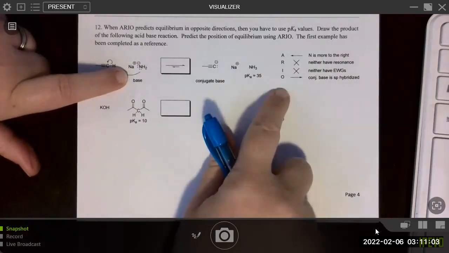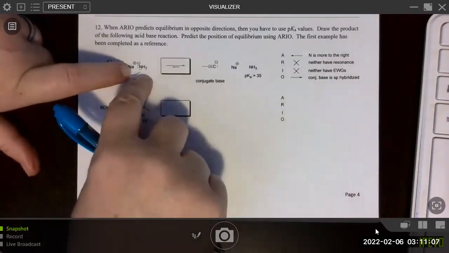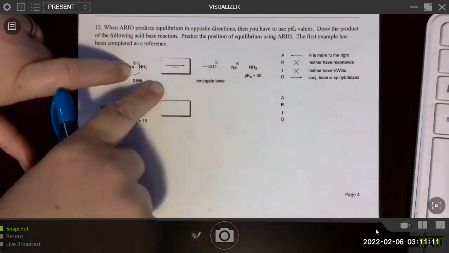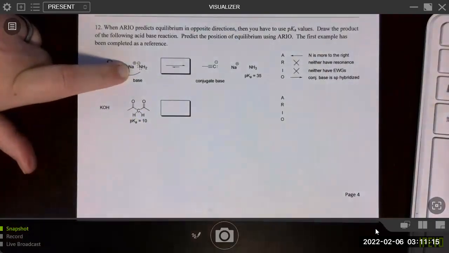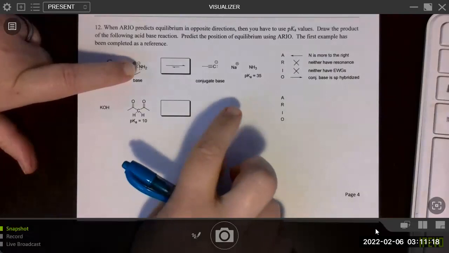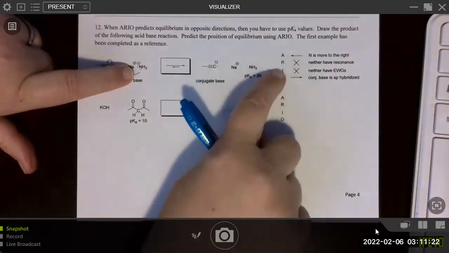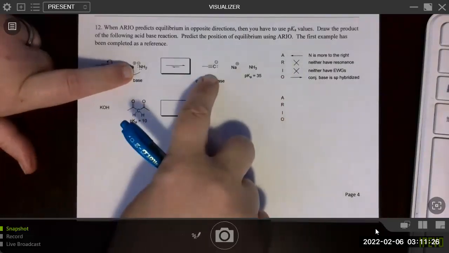But let's look at the orbital. The orbital on the nitrogen is sp3, on the carbon would be sp. So sp actually predicts going in that direction. So in this case, the difference in electronegativity between carbon and nitrogen is pretty small, and the difference in the orbital is larger, going from sp3 to sp.